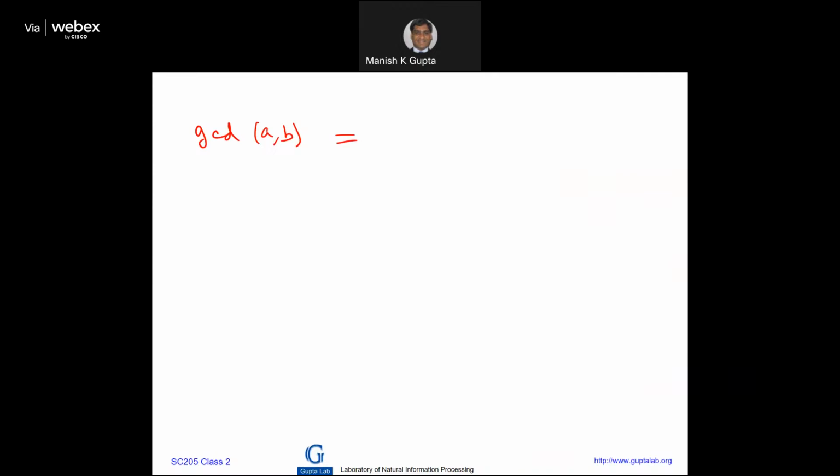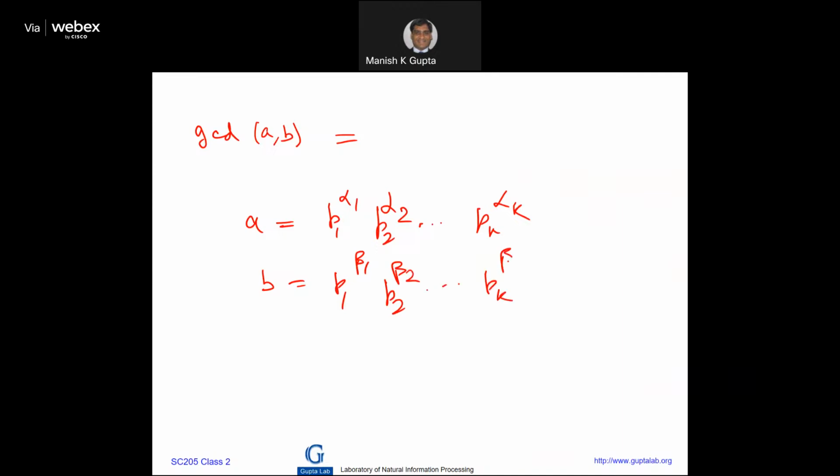So GCD of two numbers can be defined like this. Suppose I write a as p1 raised to power alpha 1, p2 raised to power alpha 2 and so on, pk raised to power alpha k, and b is equal to p1 raised to power beta 1, p2 raised to power beta 2, pk raised to power beta k. Because every number can be written as a product of prime powers, I am writing a and b as a product of prime powers.